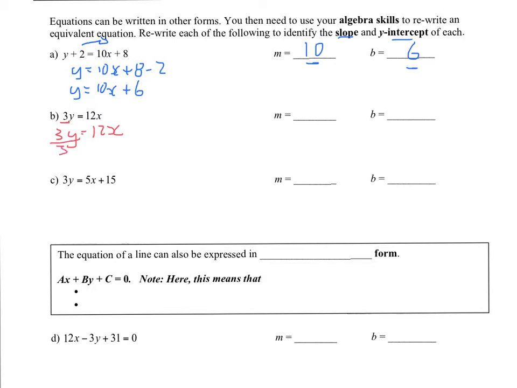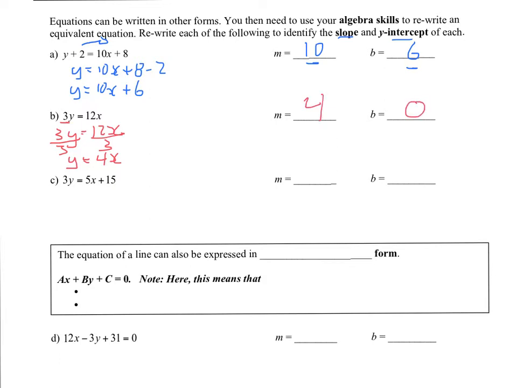Since y is being multiplied by 3, we undo that by dividing by 3. Then we get y is equal to, and 3 goes into 12 four times, so it's 4x. Here we have a direct variation. We don't see a b value, so it's going through the origin. So our slope is 4, and b is 0.